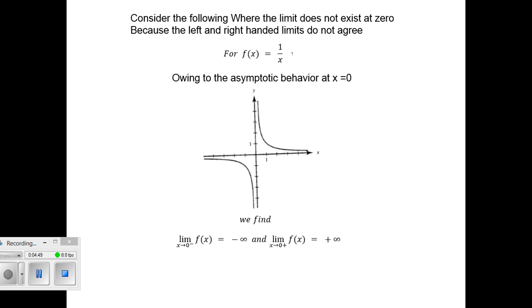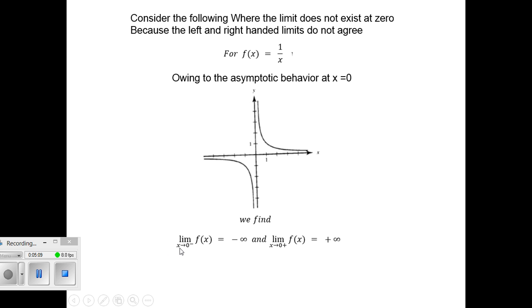We can't evaluate the function at x equals 0, so we have no choice but to ask what happens on the left side and what happens on the right side. We know there's an asymptote along the y-axis, that's the x value of 0.